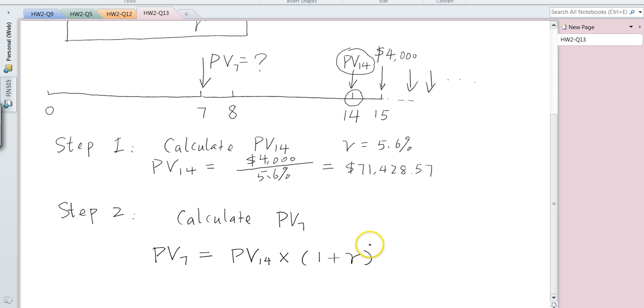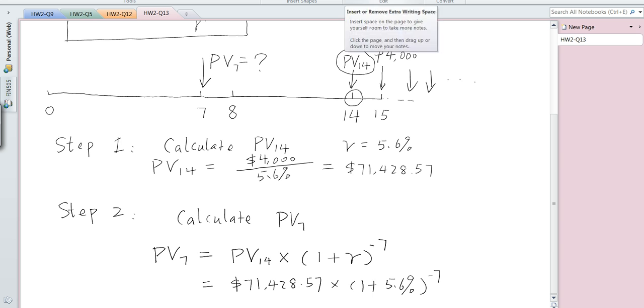So that gives me negative 7. Just plug in the numbers. So this is 71,428.57 times 1 plus 5.6% raised to the power of negative 7. So no space.